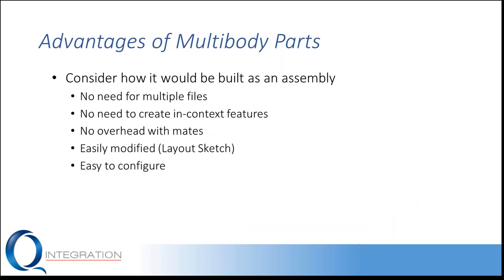We would have the additional mates there as overhead. And then what if we need to make a change? It's not as easy to make a change. By utilizing these multi-body parts, specifically with Weldments, they're very easy to modify. We simply have a layout sketch. We make changes to the layout sketch, and that drives the structural members and all of the additional bodies. And it's all updating our cut list, right?